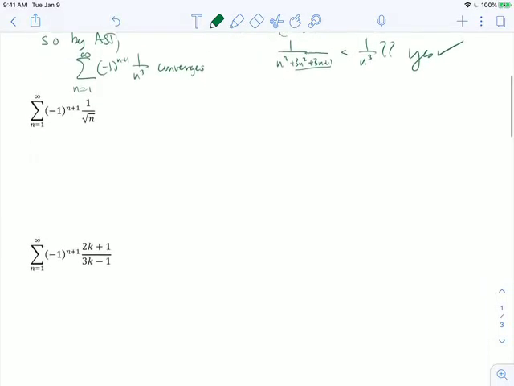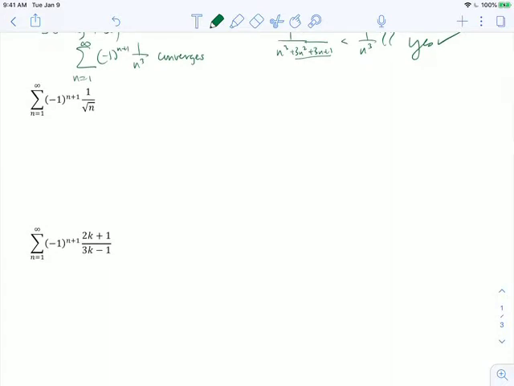Our next example is an alternating p-series, negative 1 to the n plus 1, 1 over the square root of n. Our previous example was also an alternating p-series with p equal to 3. So here's b sub n equaling 1 over the square root of n. Definitely positive when n is positive.